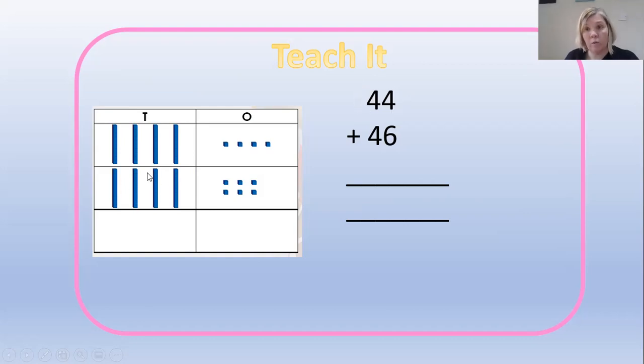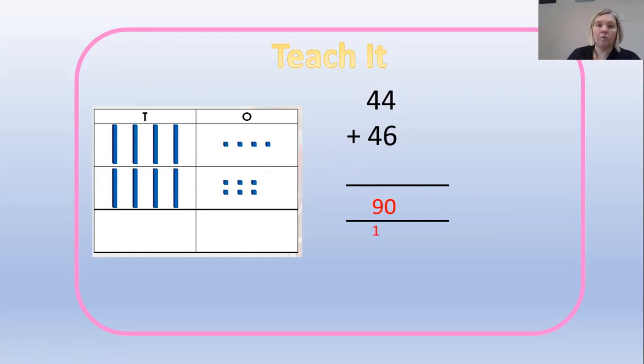We've got another 4 tens. This time we've got 6 ones. So 6 ones here and 4 tens. Hopefully you are going to look at that formal written calculation and be able to tell me the answer very quickly.